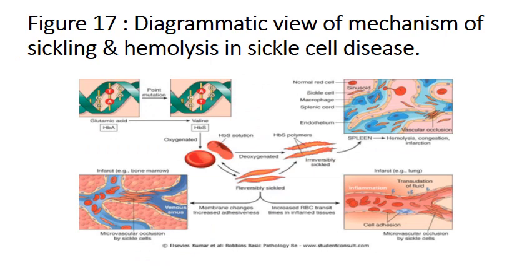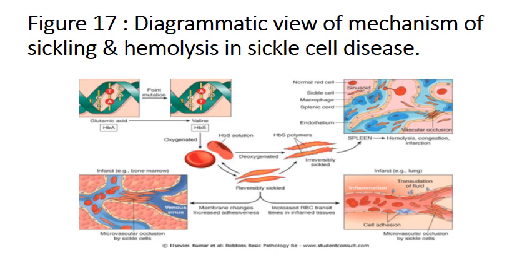Here we come to the diagrammatic view of the mechanism of sickling and hemolysis in sickle cell disease. This picture shows what hemoglobin S is. By the way, there is a point mutation, a substitution of valine for glutamic acid here. Hemoglobin S in oxygenated blood is normal.